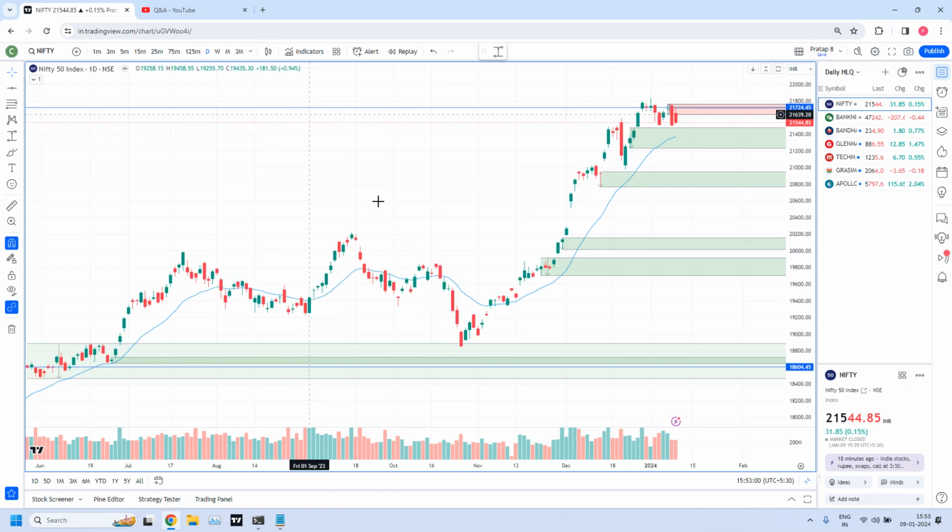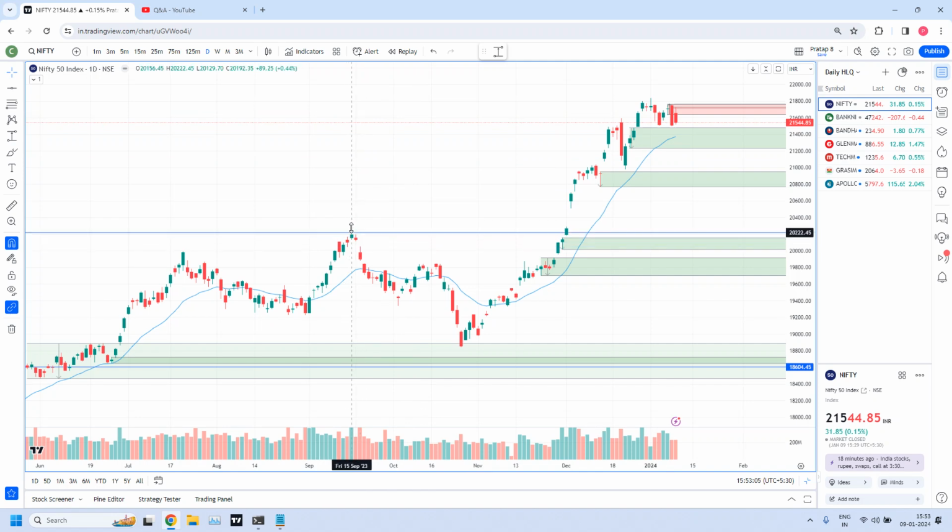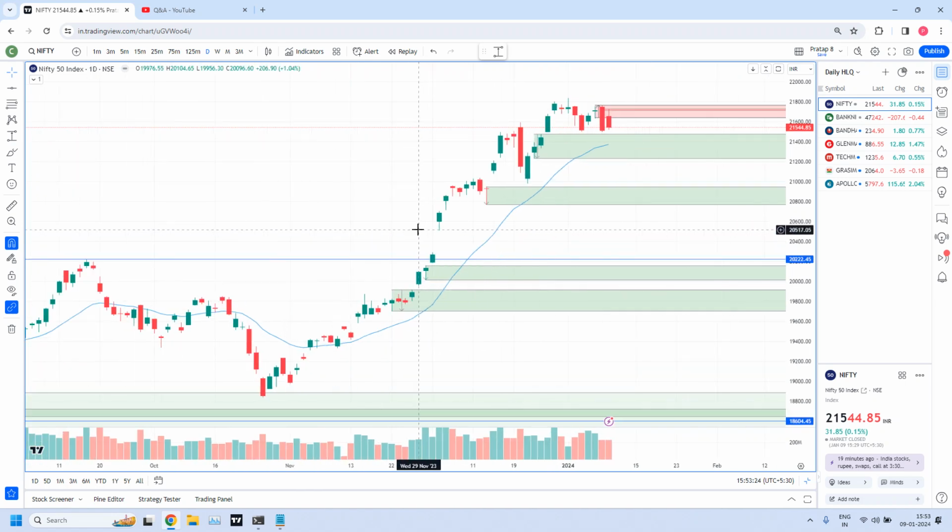You just draw a horizontal line like this at the reversal bar. Go for your trades only after prices go above that line. That means a new all-time high is created. Then only you can go for it.